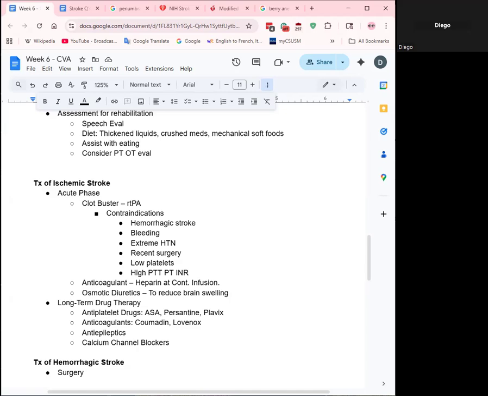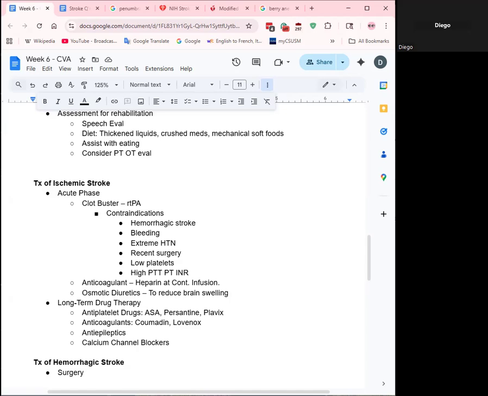Those are the coagulation panels, so that's already showing a decrease in your ability to clot. Remember that the PTT and the PT are basically in seconds. So how long does it take for a clot to occur? If they're already high, it's already taking a longer time to clot. Same thing with low platelets.